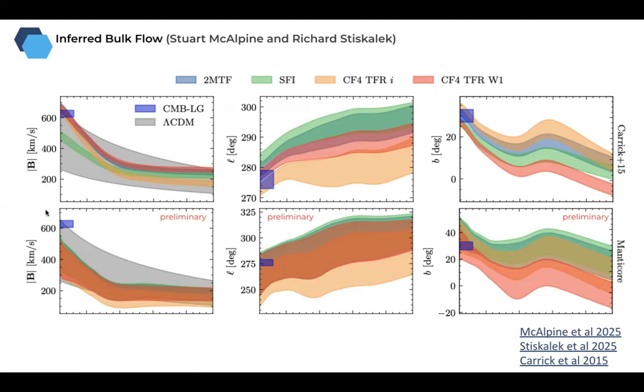And you can see that the Manticore results actually agree with the bulk flow that is observed also by Carrick et al. to a large degree, which means we can dynamically account for this bulk flow and dipole in the nearby universe with the large-scale structure that we have been recovering and reconstructing.